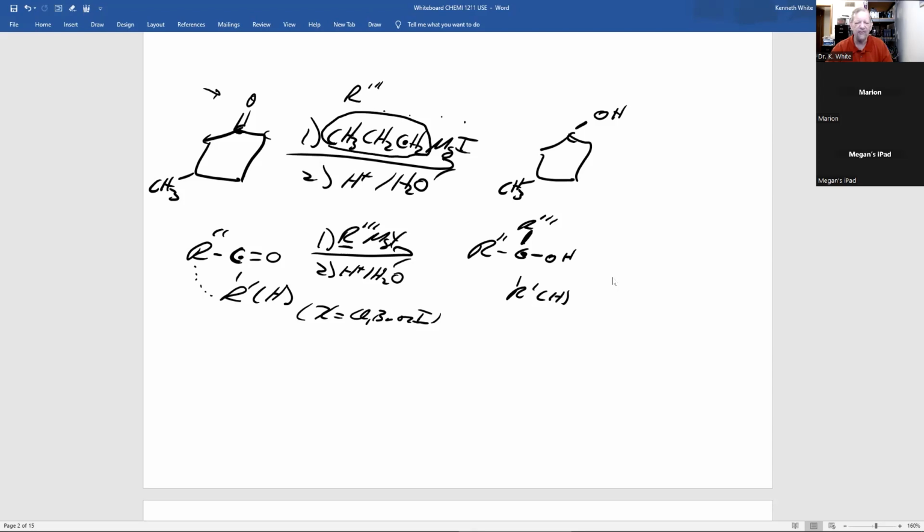And the carbon with the Grignard is the carbon that's going to be bonded to the carbonyl carbon here. And that's the product. Now, if you put the hydroxyl group here and the N-propyl group here, have them switch, that's fine.